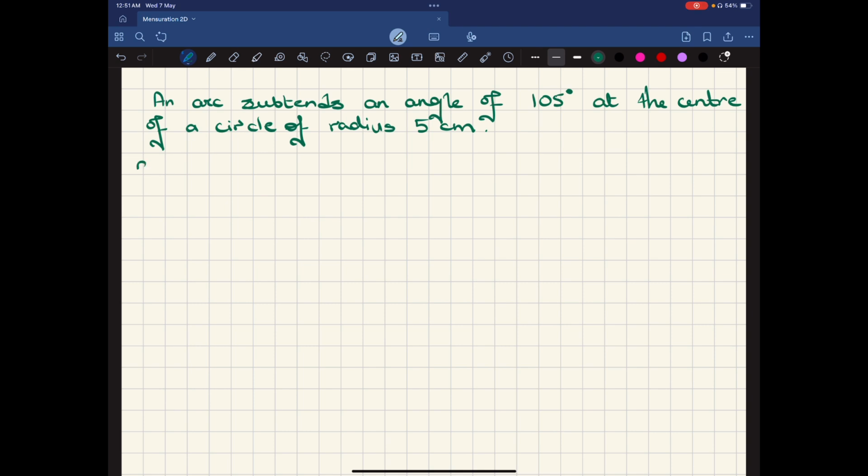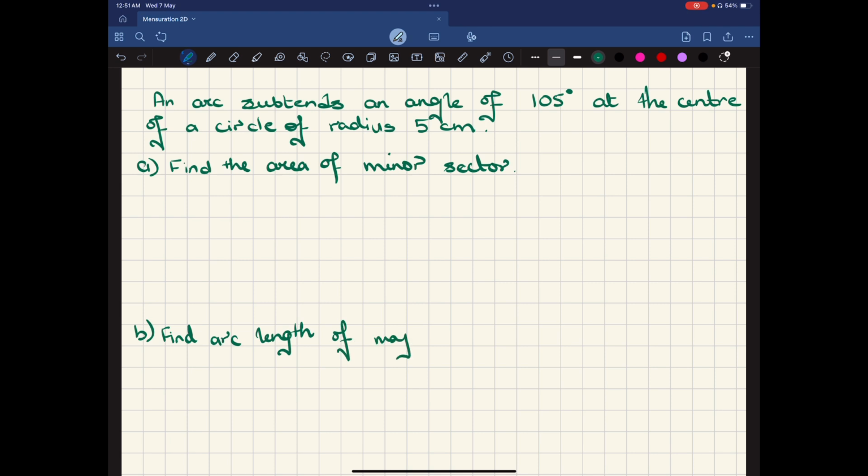The first part asks us to find the area of the minor sector, and part B asks us to find the arc length of the major sector.